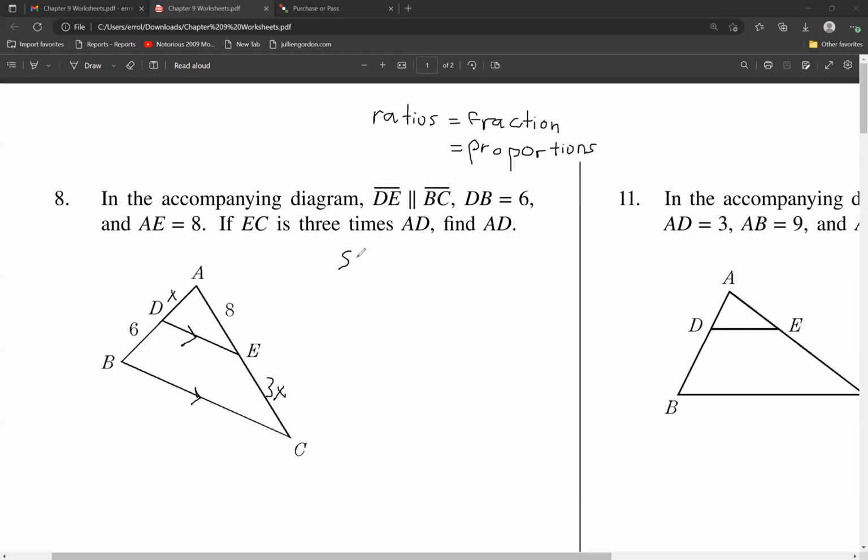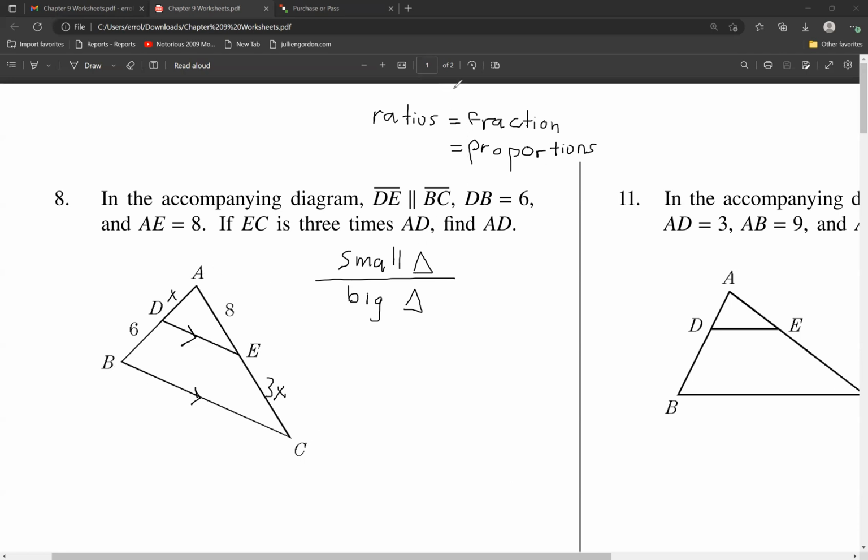So think about this: the small triangle on the top and the big triangle on the bottom. Set up a ratio that shows the small triangle on the top, which is this one, and the big one, which is ABC. The small triangle would be ADE, and the big one would be ABC.